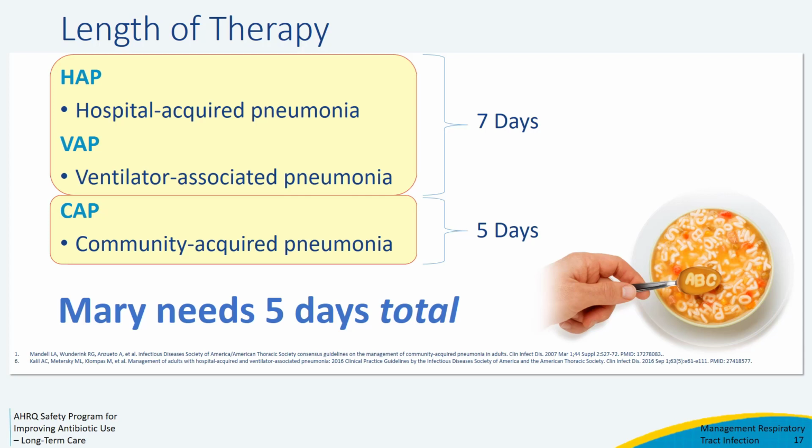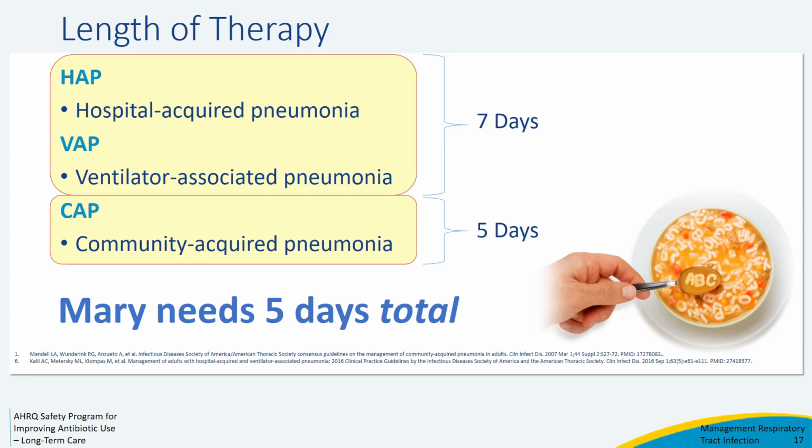Most cases of CAP, or community-acquired pneumonia, require only 5 days of treatment. Usually after 3 to 4 days of antibiotics and supportive care, people are no longer febrile, have a decreasing white count, and are breathing more comfortably and have an improved appetite.